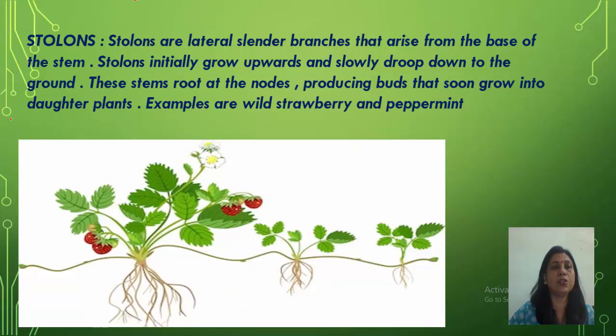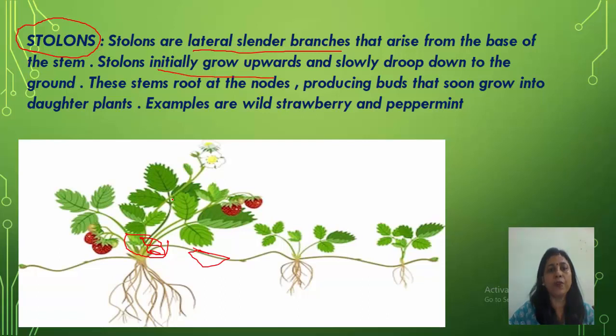Next is stolons. Now stolons are also, because these all are stems, lateral slender branches that arise from the base of the stem. You can see this is a stolon, okay, and this is arising from the base of the stem.